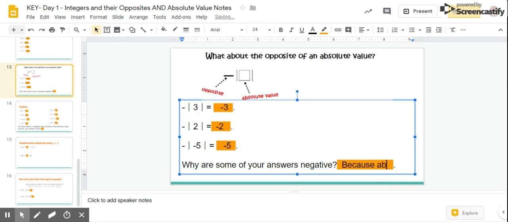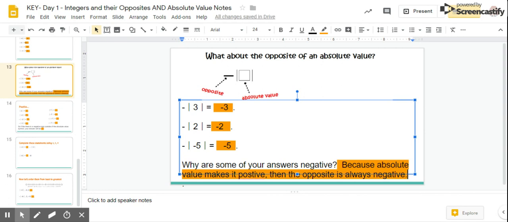Because absolute value makes it positive every time. Then the opposite is always negative. So think about it. The absolute value always gets you to a positive answer. The opposite of your positive answer always gets you back to your negative answer.